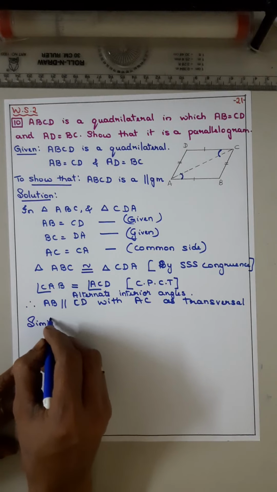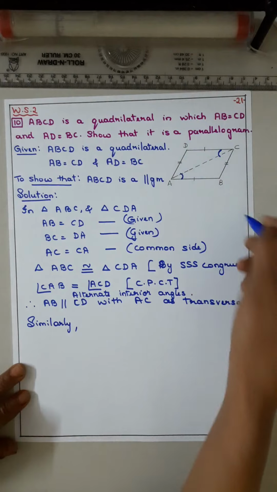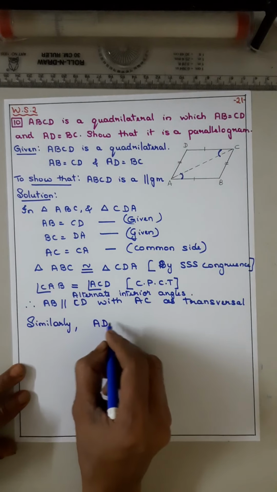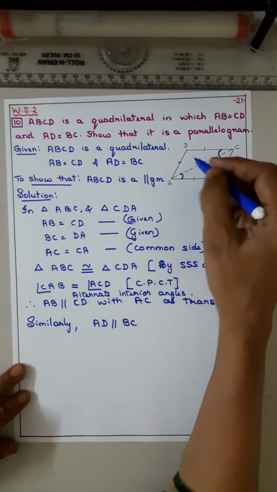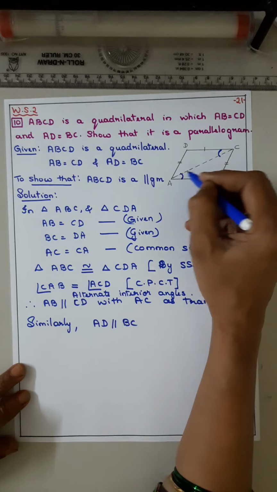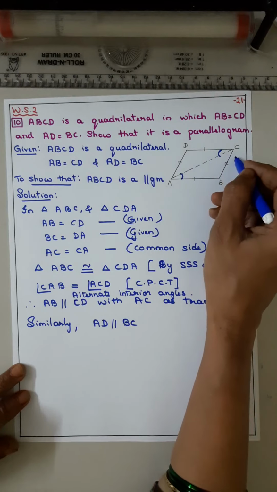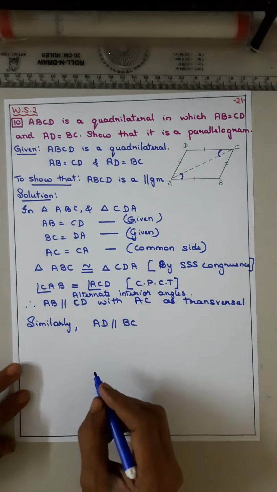Similarly, in the same way AD is parallel to BC. Same way you can see, isn't it? If you take these two angles, then these two sides also will be parallel.